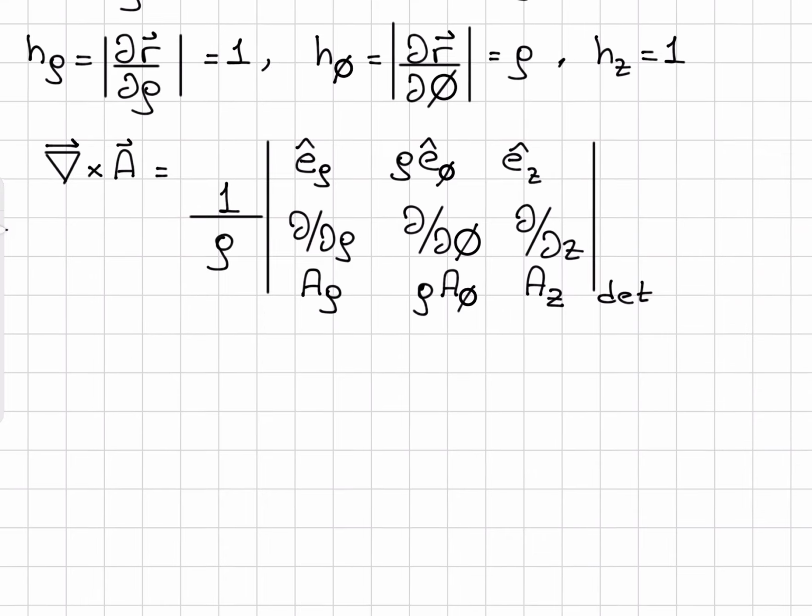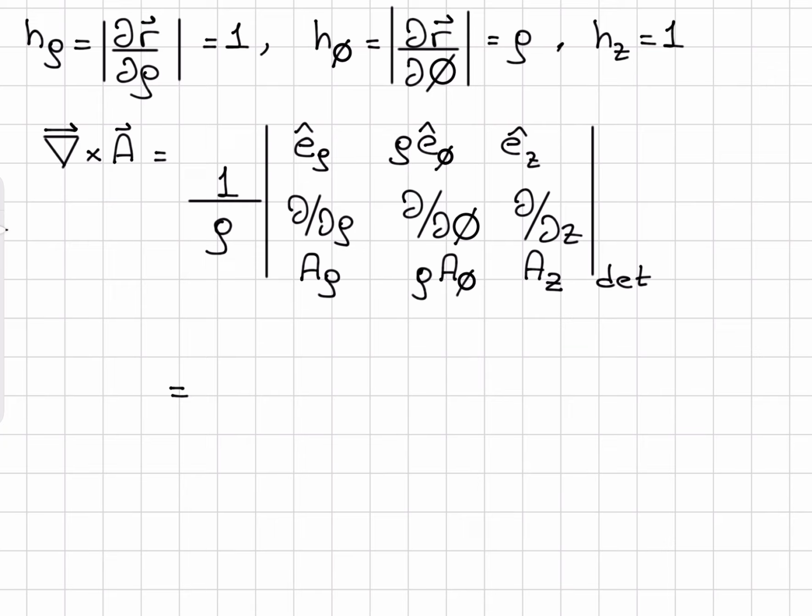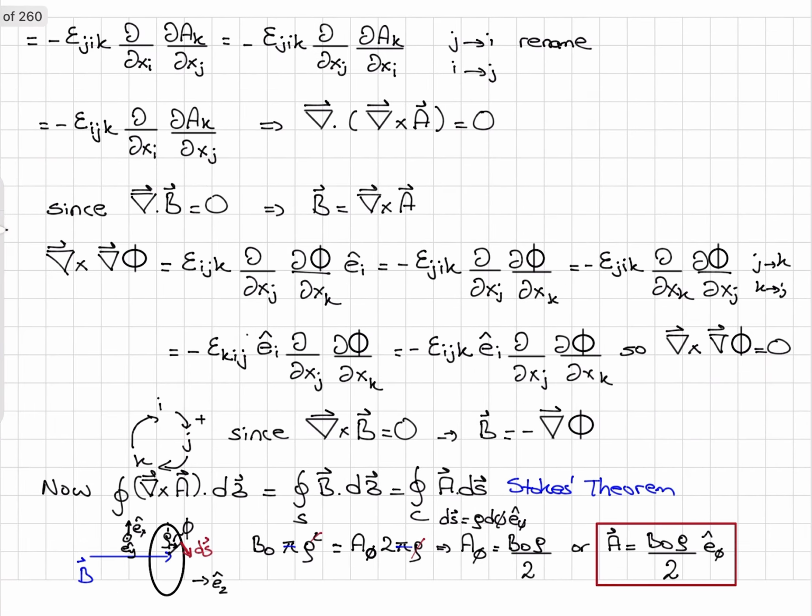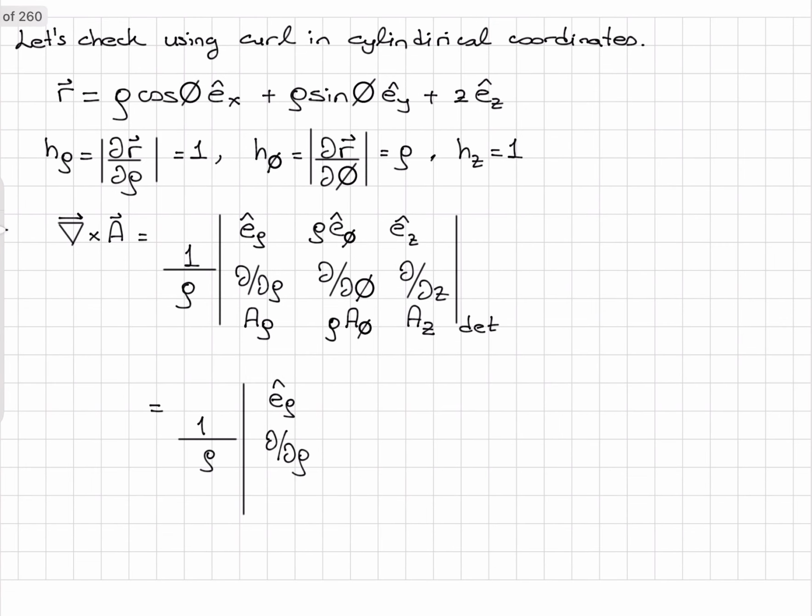Okay, and that's equal to, now if I substitute for A here, I only have a phi component. So I will have 1 over rho again. This determinant: e rho hat, del rho, and A rho is 0 because A was in the e phi hat direction.